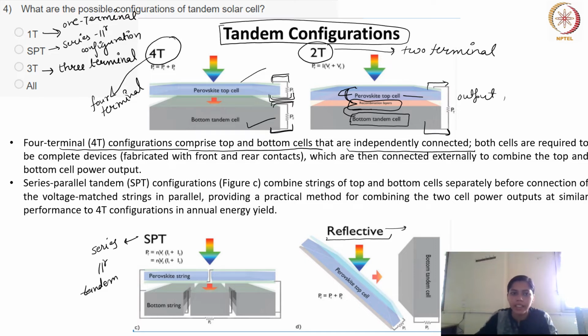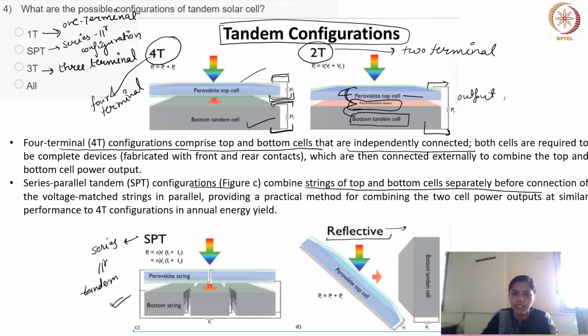For the series parallel tandem configuration, as you can see in this figure, this combines the strings of the top and the bottom cells separately before connecting the voltage matched strings in parallel, providing a practical method for combining the two cells' power output at performance similar to the 4T configuration in annual energy yield.